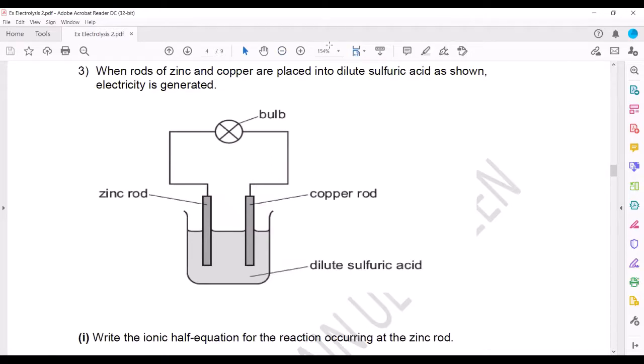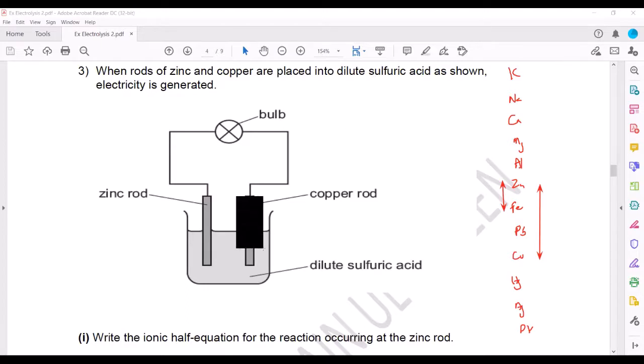When we write the reactivity series, it is potassium, sodium, calcium, magnesium, aluminium, zinc, iron, lead, copper, mercury, silver, platinum. First we were using zinc and copper. Now we are using zinc and iron. The copper rod is replaced by iron. The question is, what will be the effect on the brightness of the bulb?